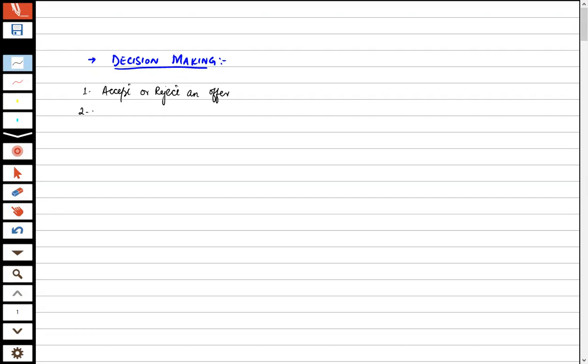Secondly, similar to the first one, it is a choice between two alternatives or two offers. And third, in break even we have seen that if an organization has two or three product lines, and one product line is suffering losses, then the organization would decide whether to continue that product line, that product segment or business activity, or whether to discontinue.